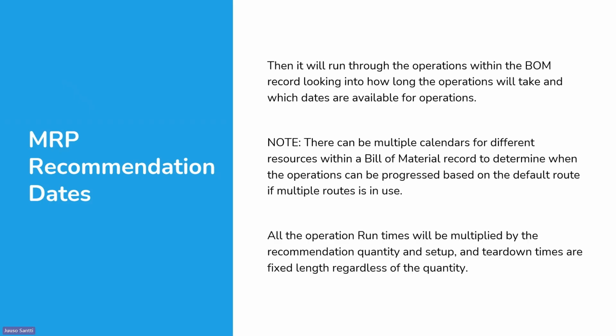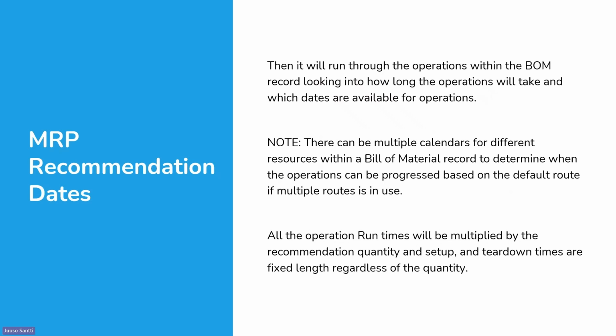All the run times on the operations will be multiplied by the quantity that's been recommended, and the setup and tear down times are fixed length regardless of the quantity.